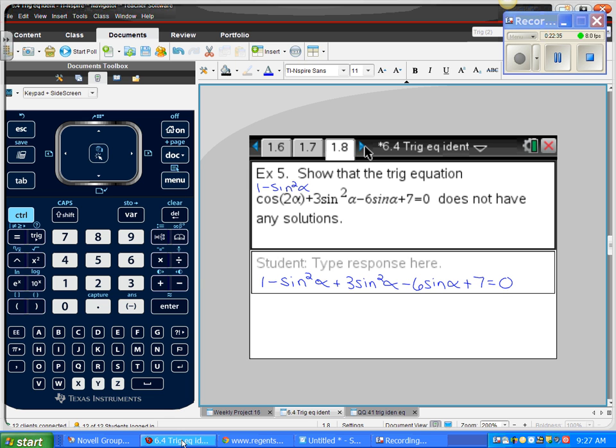Good. Combine like terms. So I get negative sine squared alpha plus 3 sine squared alpha. It's going to give me 2 sine squared alpha minus 6 sine alpha. And then 1 plus 7 is 8.